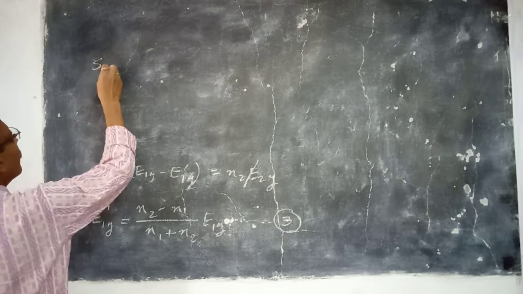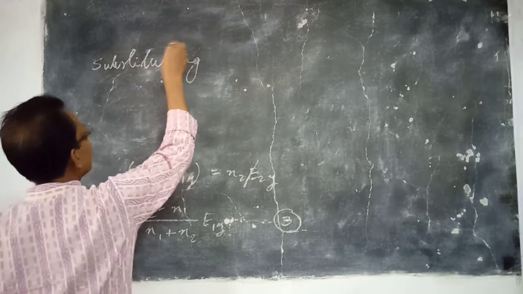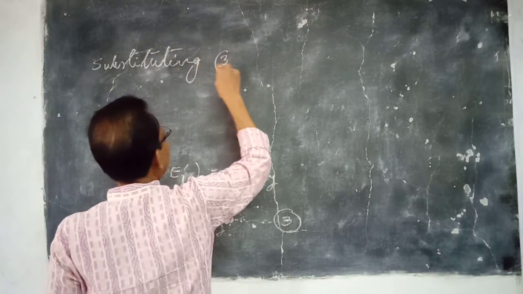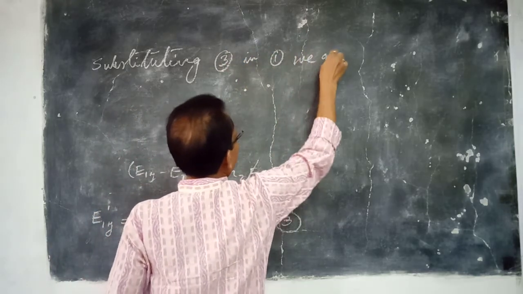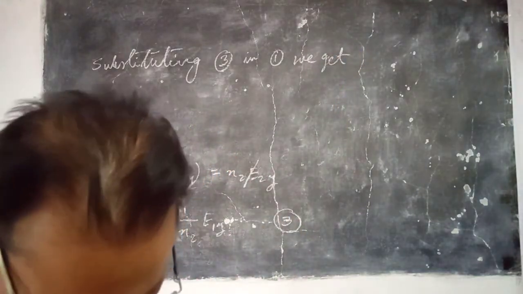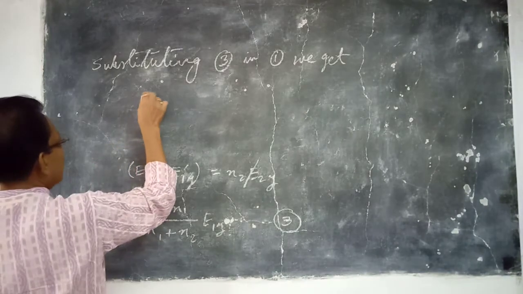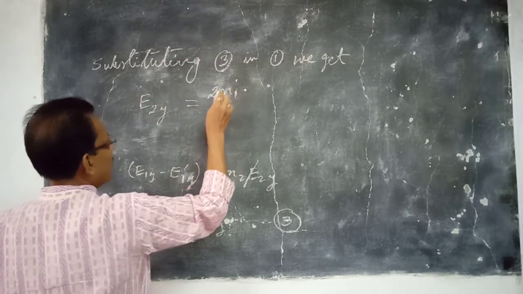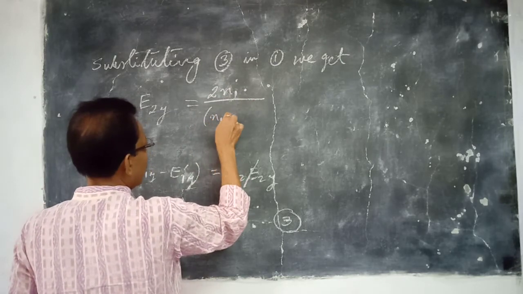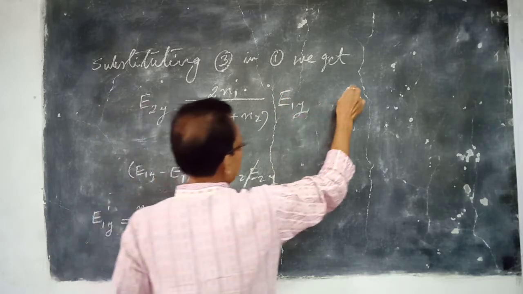Substituting 3 in 1, we get the relation between E2y and E1y: E2y is equal to twice n1 by (n1 plus n2) times E1y.